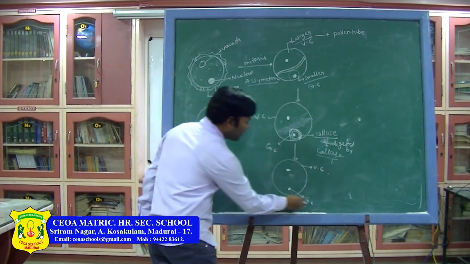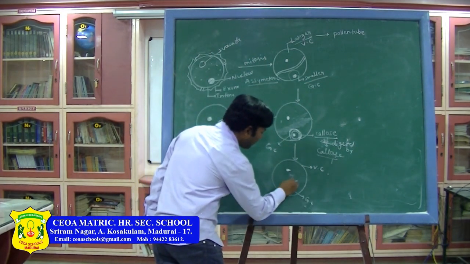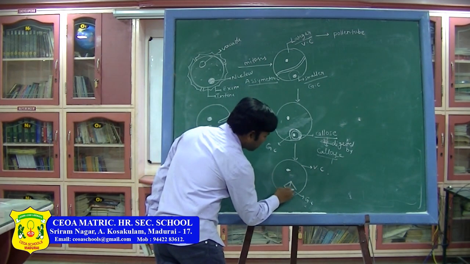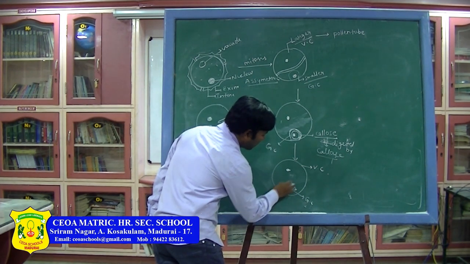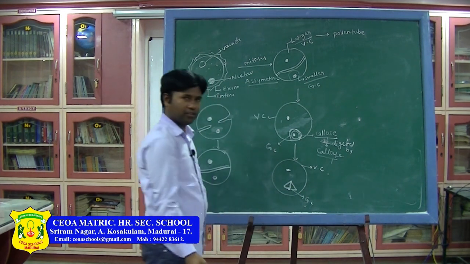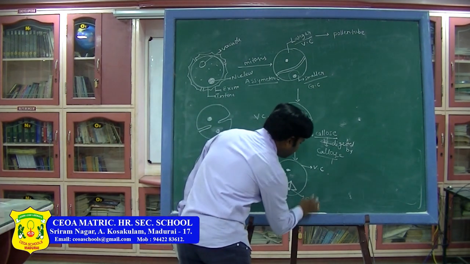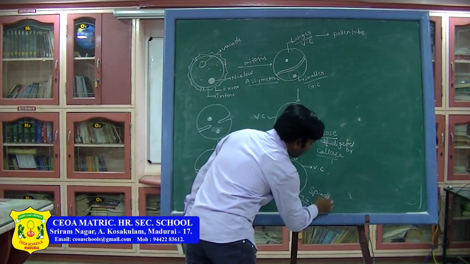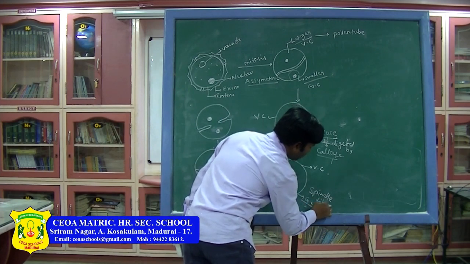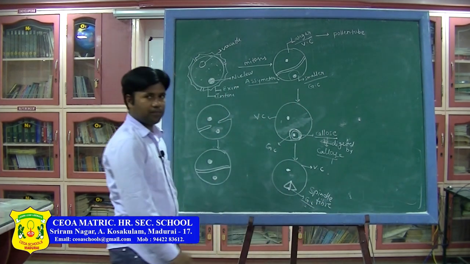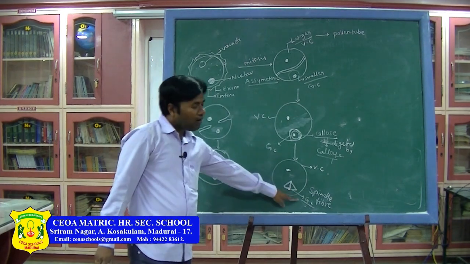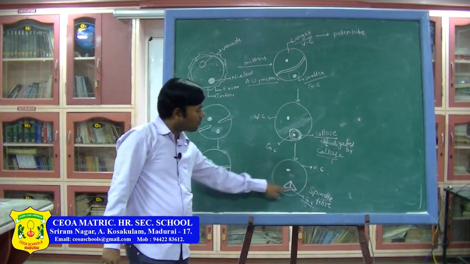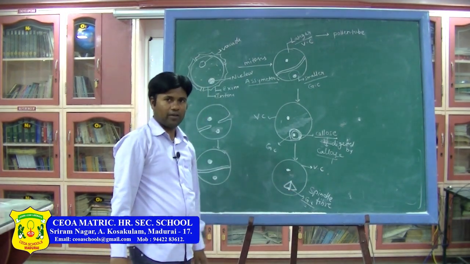Then after, this GC will turn into a spindle apparatus-like structure, a spindle fiber structure. Okay. Now the generative cell is a spindle fiber-like structure. What is the shape of the GC now? Spindle fiber-like structure. Okay.